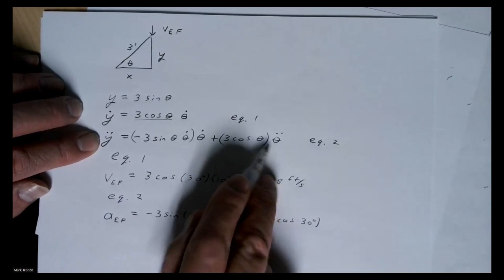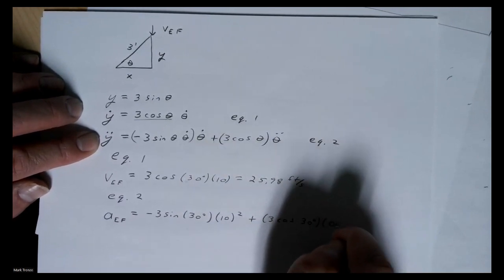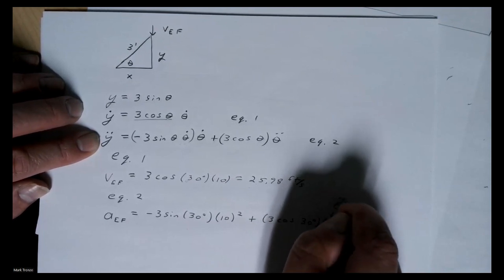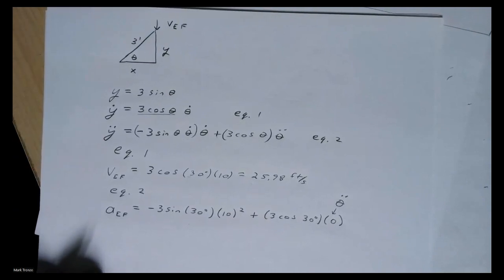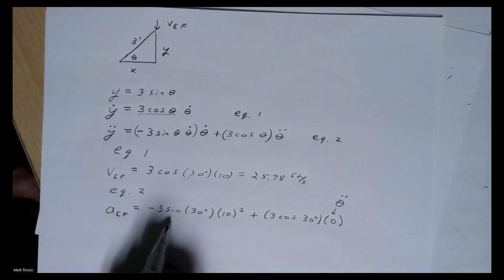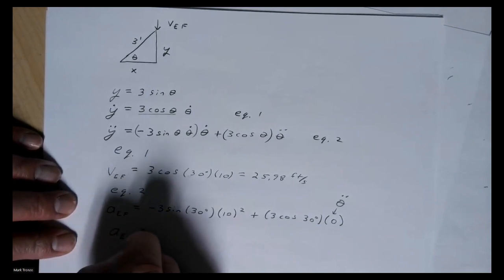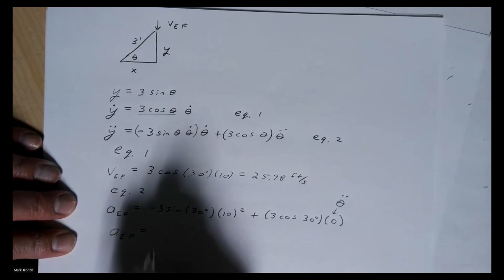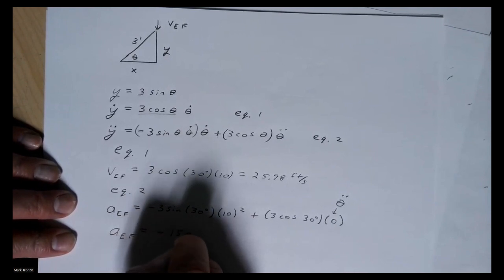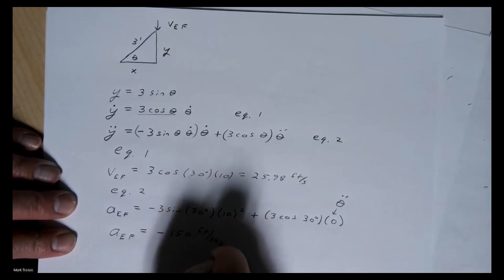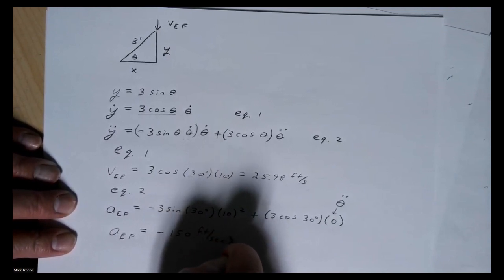Now again, theta double dot is 0 because remember, we have a constant angular velocity. So that's going to be 0. And if you put all this in your calculator, this comes out to be negative 300 times a half. So this will be negative 150 feet per second squared.